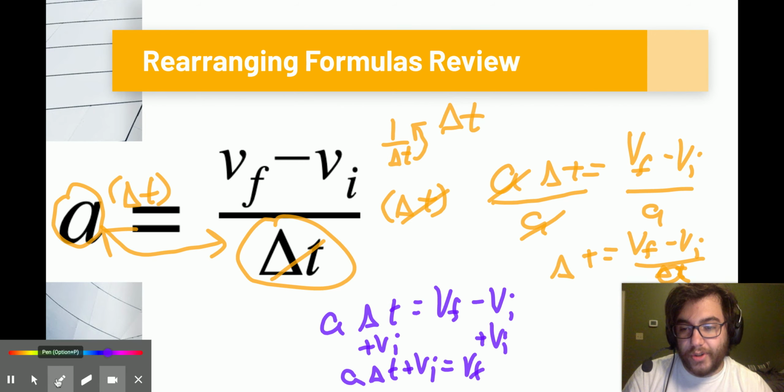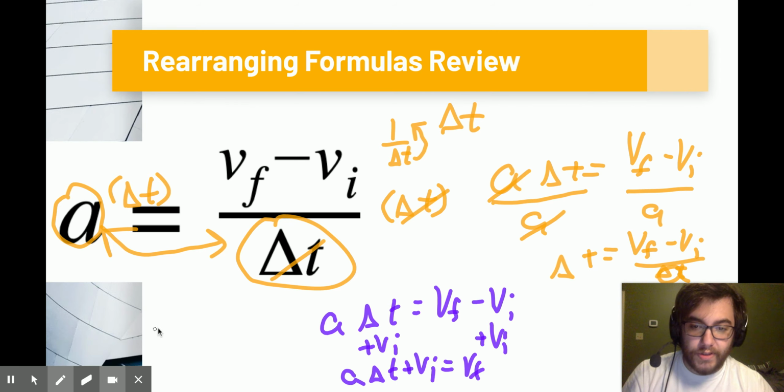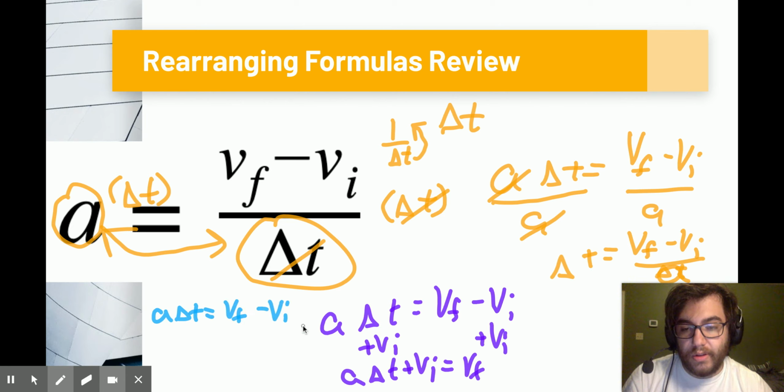VI is a little trickier, but not by much, to be honest. So we have this spot right here, equal to VF minus VI. There are a few ways to go about it, but I think the quickest way is just to subtract VF to both sides.